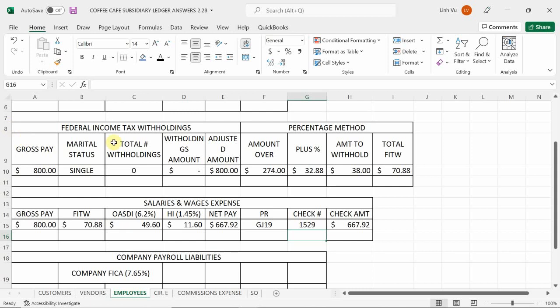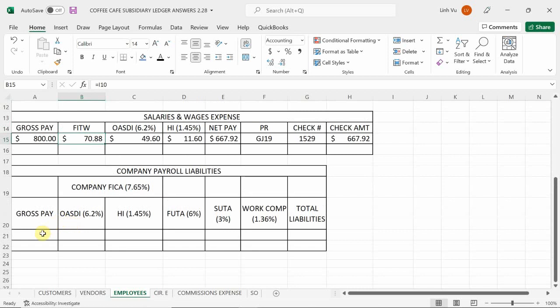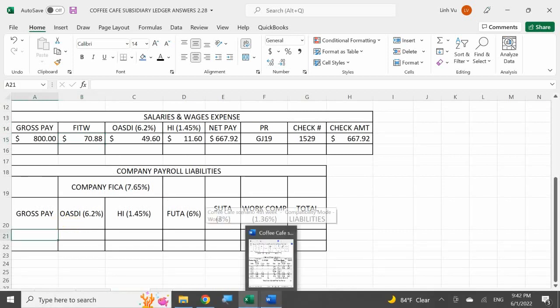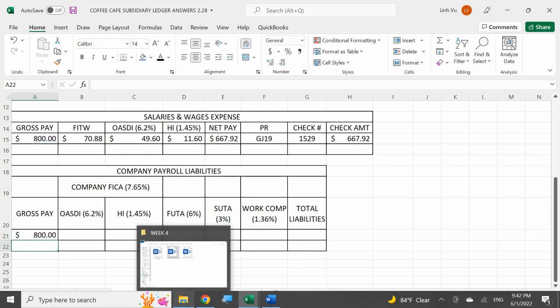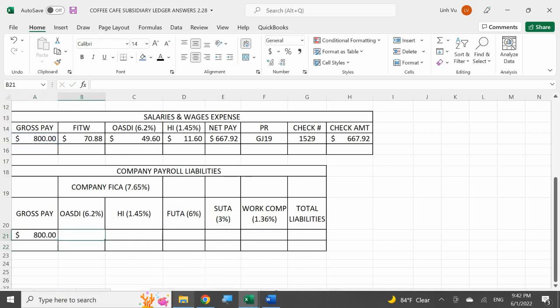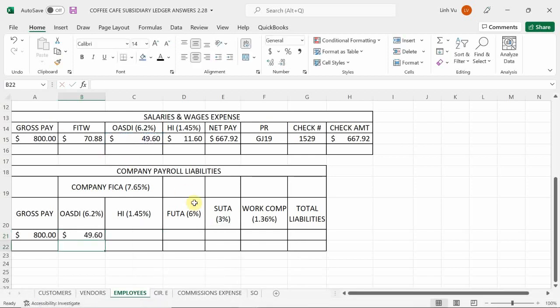So in this case, if we continue scrolling down below, we need to figure out what the company taxes are. So in this case, gross pay was the $800, right? Her OASDI, which is her Social Security, was a total of $49.60, right? We've already calculated that.